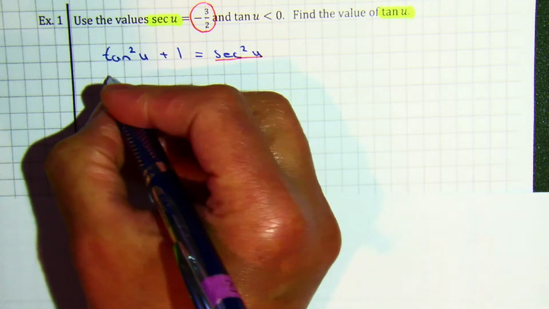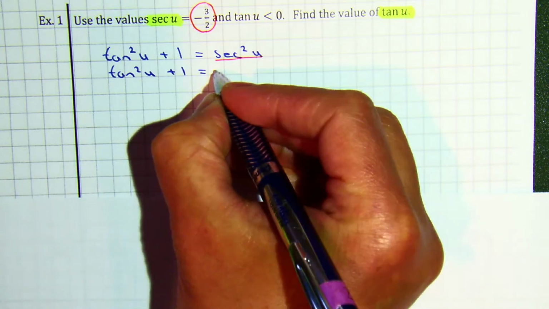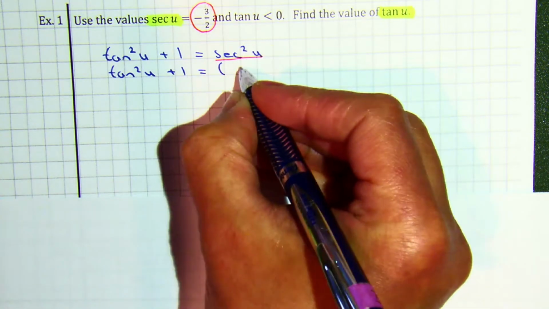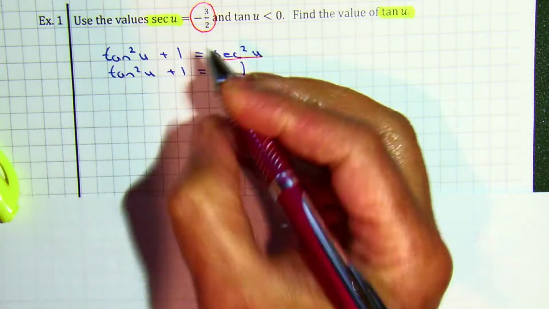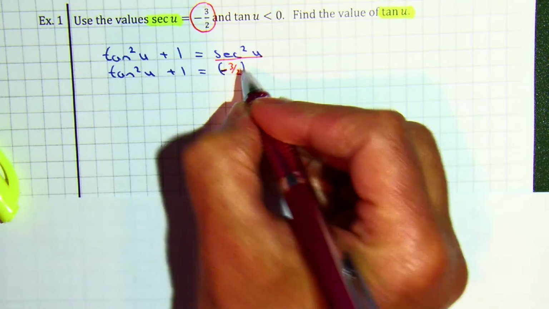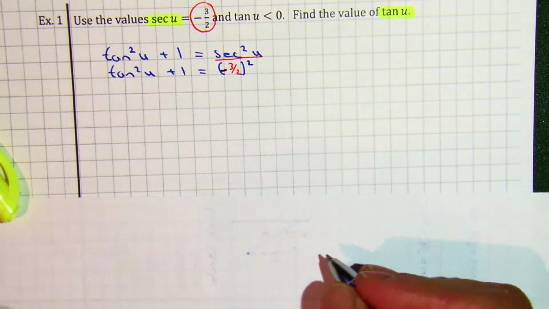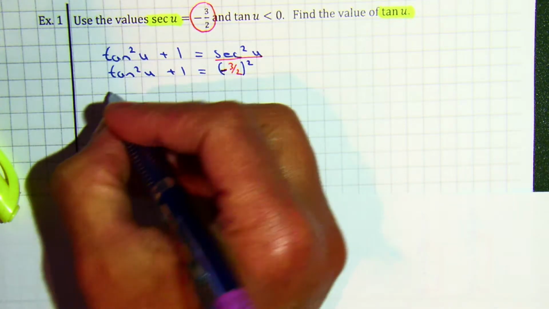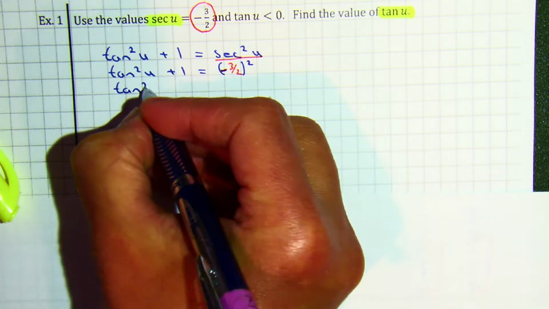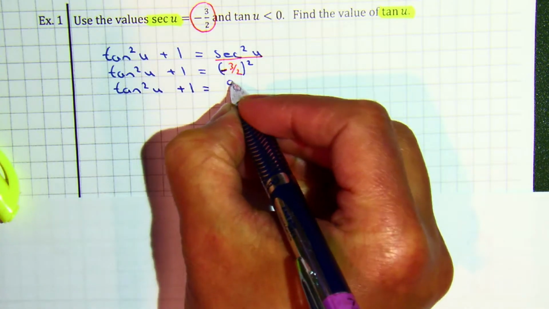So now we have tangent square of u plus 1 equals, remember, the square is supposed to be outside, so it gives me negative 3 halves squared. And now the only thing that I have is tangent, so now I can find the value of tangent by solving it. We have tangent square of u plus 1 equals 9 over 4.